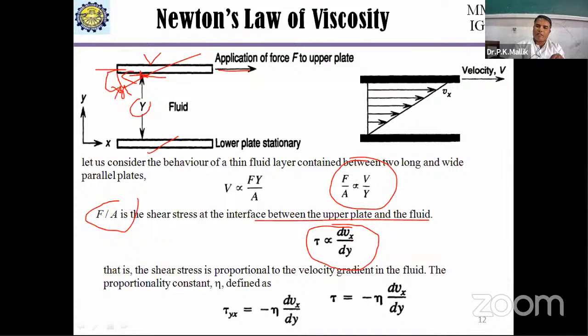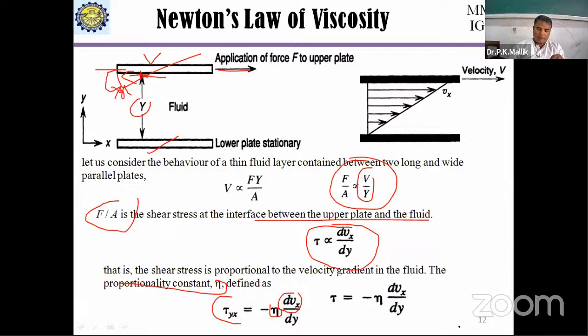You can also write it in differential form. The shear stress is proportional to the velocity gradient in the fluid, and the proportionality constant eta is known as the viscosity of the fluid. So you can write this equation: tau yx is equal to minus eta del Vx by del y.